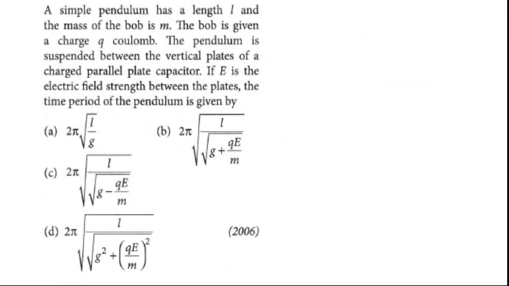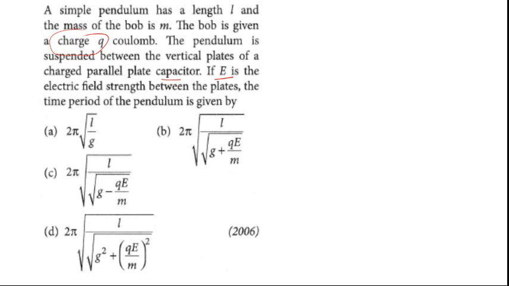Okay, now again, you should be able to picturize the problem. A simple pendulum has a length L and mass M. Mass of the bob is M. The bob is given a charge. Now, this is not just a simple pendulum with a charge q coulomb. The pendulum is suspended between the vertical plates of a charged parallel plate capacitor.